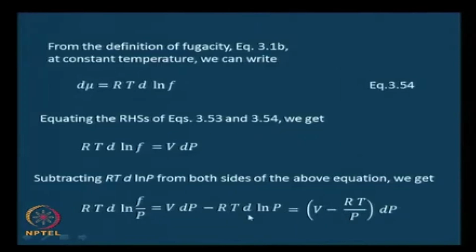Now, d ln p is nothing but 1 by p dp, and therefore, V dp minus RT by p dp, which, if you take dp out common, we can write as V minus RT by p dp.